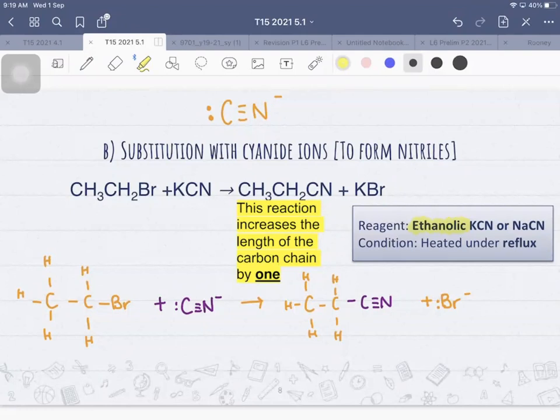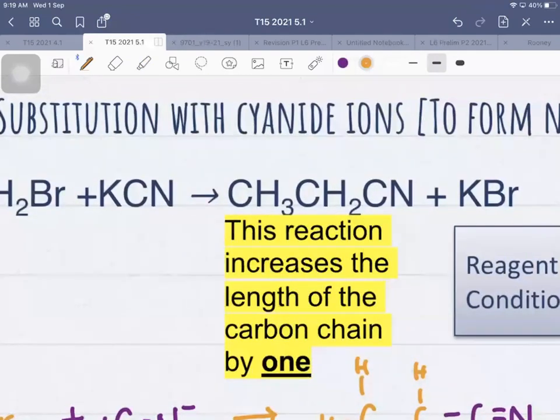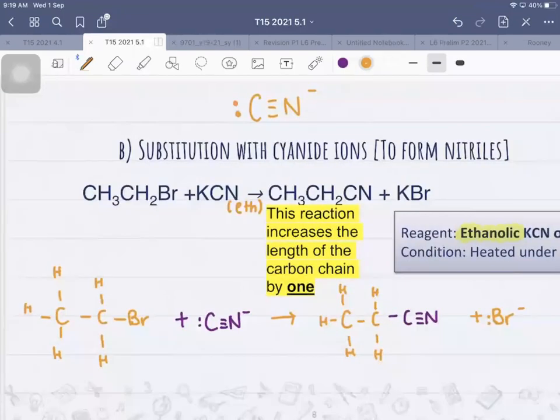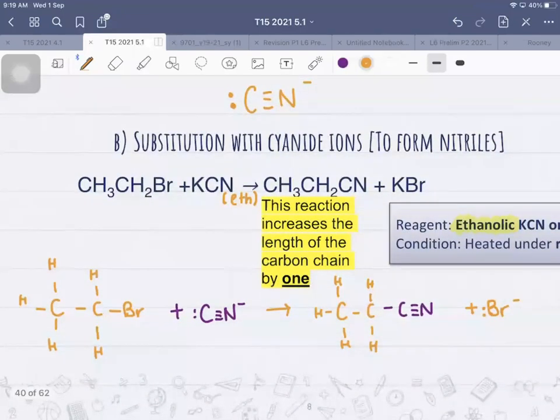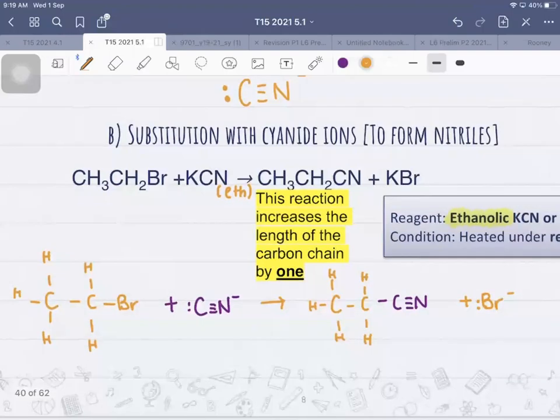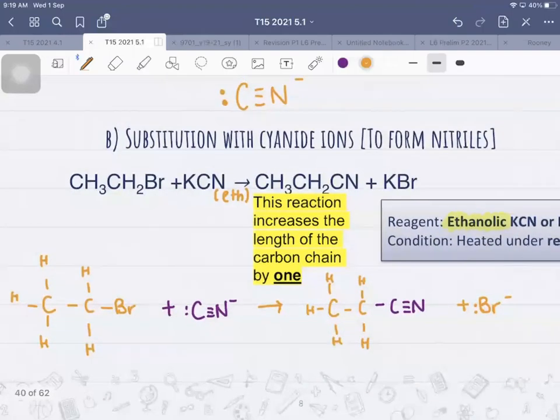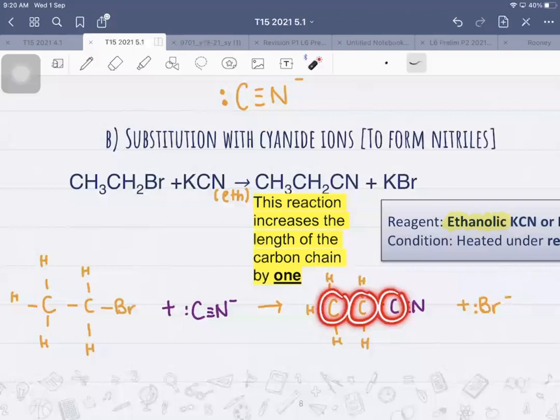You use ethanolic cyanide ions, and usually this is written as EtOH in brackets, just like how you would write down aq in brackets, but instead you've got ethanol. Okay, so the product here is what we call a nitrile.